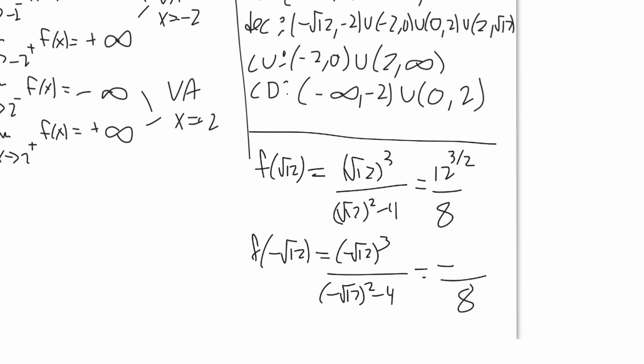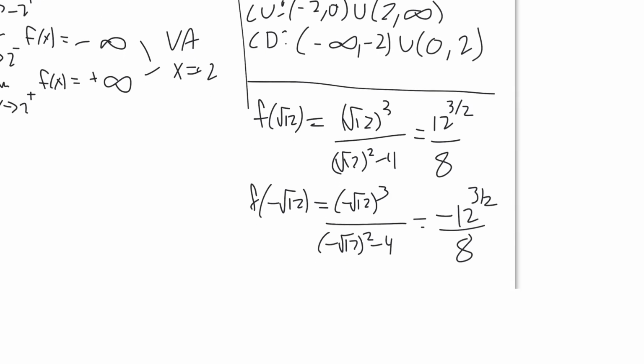But in the top, it's going to stay negative, so we have negative 12 to the 3 over 2 over 8. We can also find f of 0, but we already did that at the beginning. So f of 0 is equal to 0. So the root 12 here is our rel min. This is our rel max. And this is our inflection point.